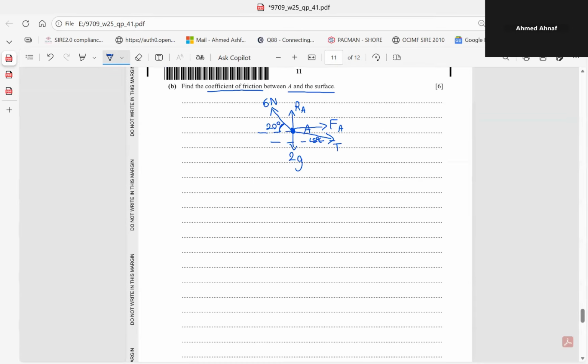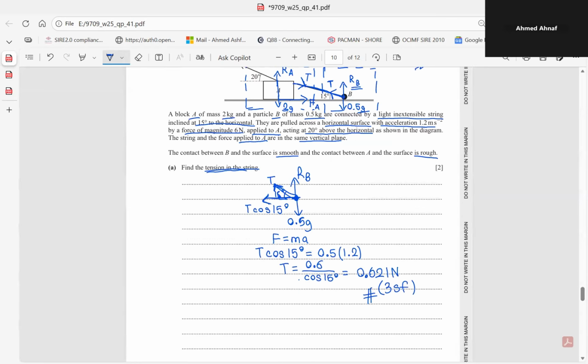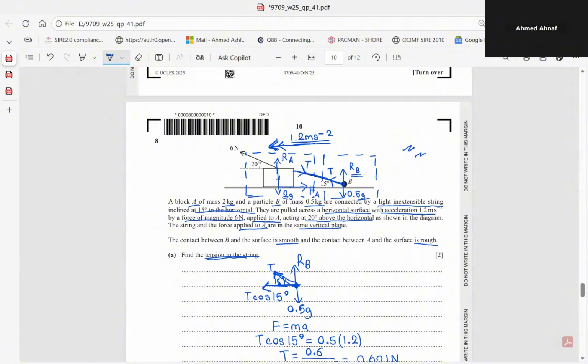To do this, we're going to first take the vertical components, because we know it's moving towards the left. Since it's not moving vertically, the vertical forces must be in equilibrium.